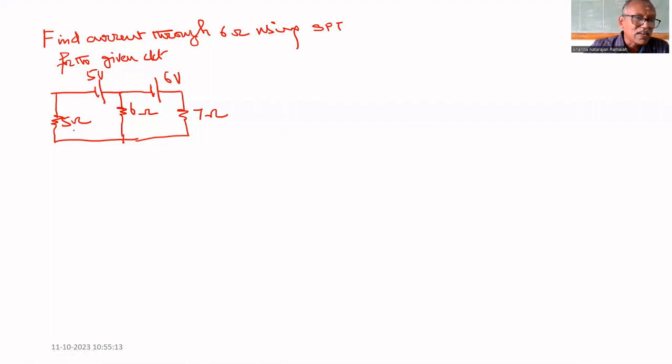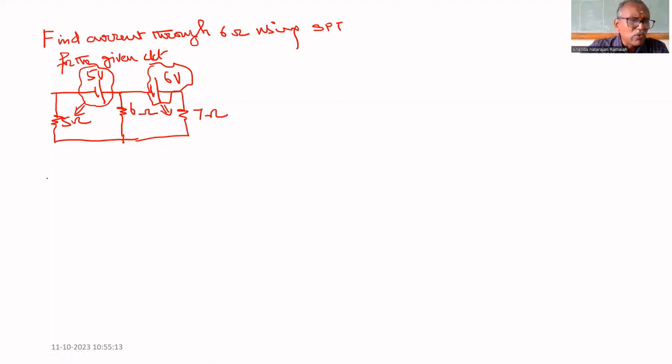First, let us consider, in this circuit there are 2 sources. One is 5 volt, another one is 6 volt. We are assuming that the internal impedance is 5 ohm for one and 7 ohm for the other. We have to consider each source separately.